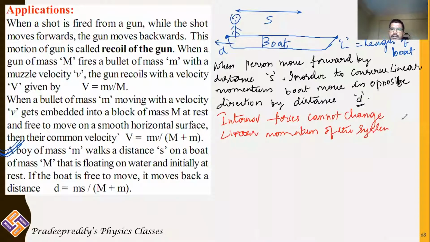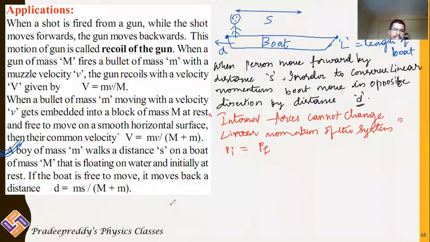As we have discussed so far, in this third example also, the person is walking on the boat. It is an internal force, like he is putting some effort on the boat in the backward direction so that he moves in the forward direction. That comes under internal force. It's not an external force. So I can write P initial should be equal to P final. Initial momentum is equal to final momentum.